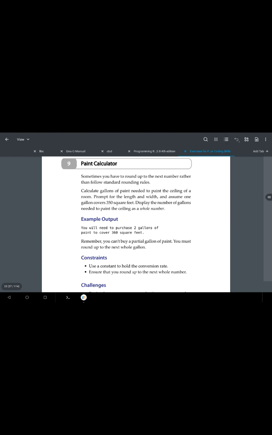That'll be 600 divided by 350. So it will be the area divided by 350 to get the number of gallons. Let's keep the conversion rate, which is 350 square feet per gallon.